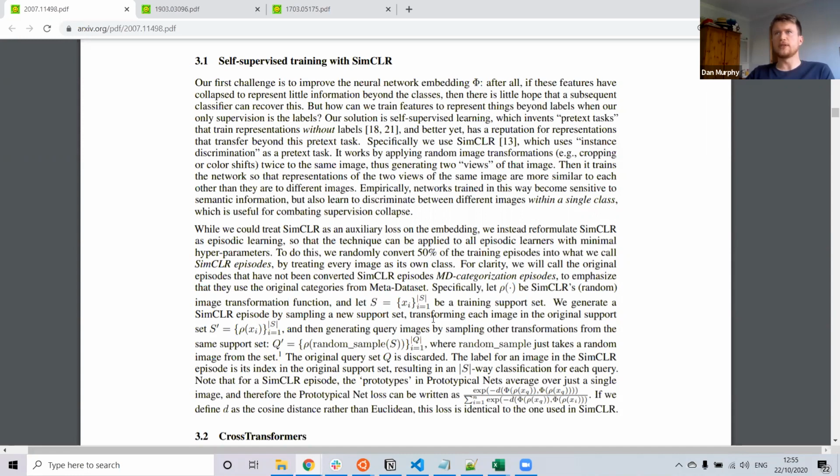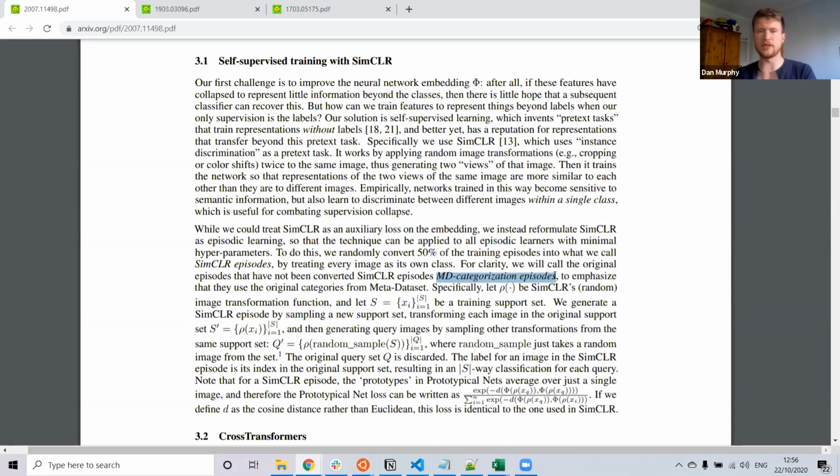I think that's a good intuition of it, because as you say, you have these categorization episodes, so that's where you're training to discriminate well between images, and then what they call SimCLR. So the MD categorization episodes are your standard classification tasks, and you're trying to get embeddings that are good at discriminating between these classes.